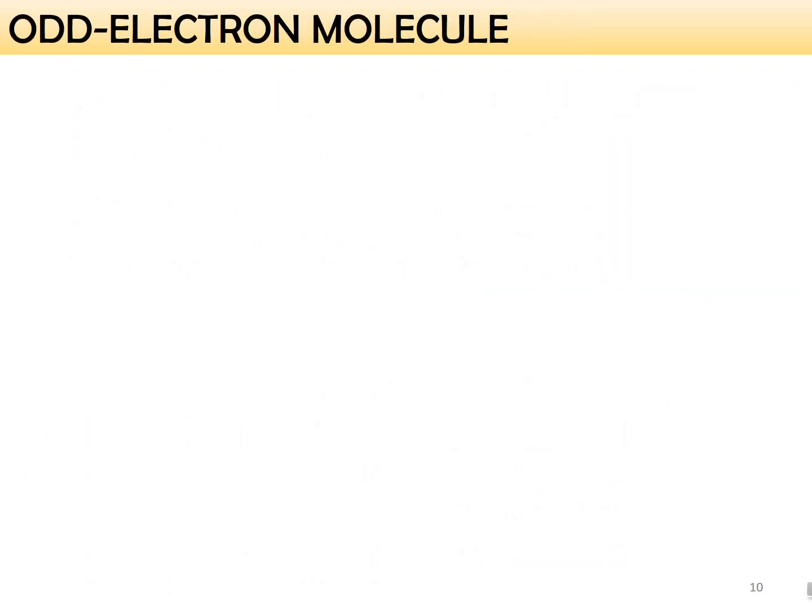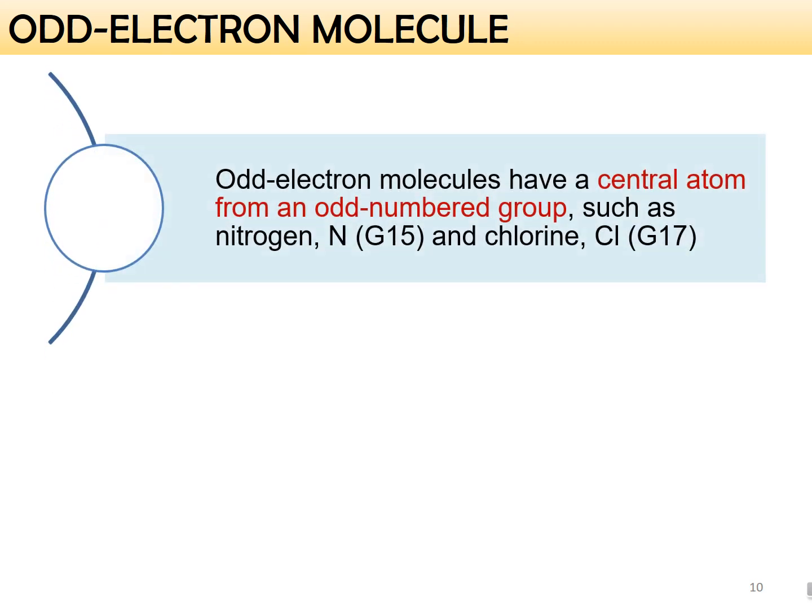There are a number of molecules whose total number of valence electrons is an odd number. It is not possible for all of the atoms in such a molecule to satisfy the octet rule.